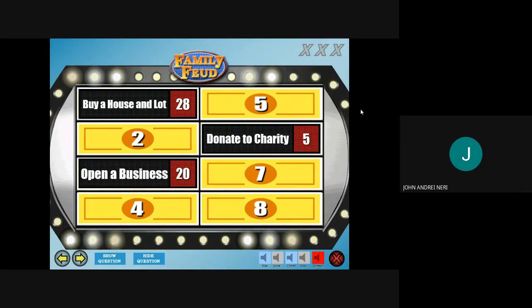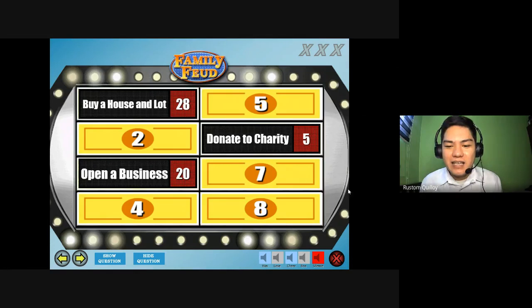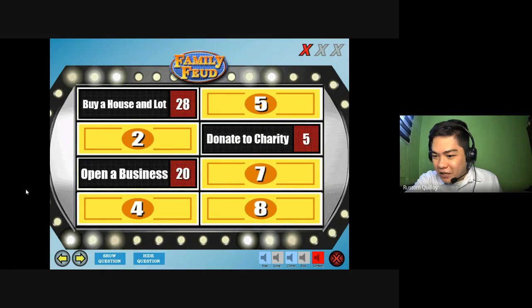Sir, magbi-business. Magbi-business. Given na yun eh. Ay, mali na pindot ko. Ito pala. Open a business. Nabigay na kasi yun yung open a business. Anong gagawin mo pag nanalo ka ng jackpot prize sa loto?